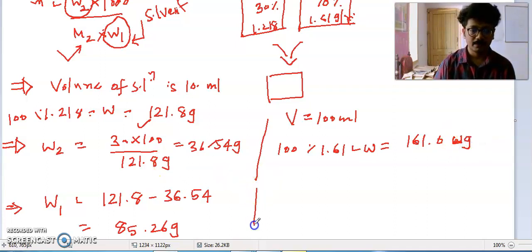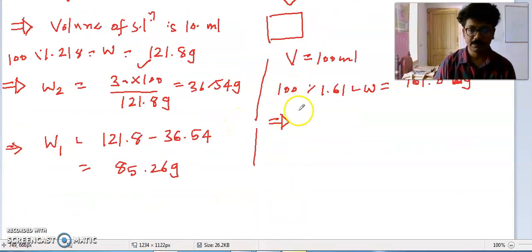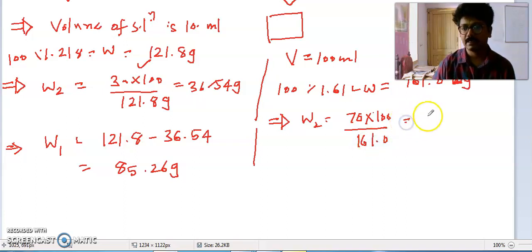Now what would be the 30%? Not 30%, the second solution is 70%. So what would be the 70% of H2SO4 in this 161 gram? That's why W2 will be 70% of 161.0, and when we calculate, the mass of H2SO4 comes 112.7 gram.